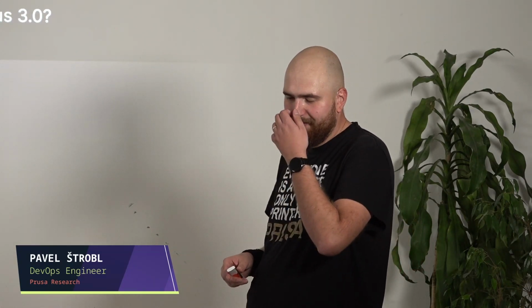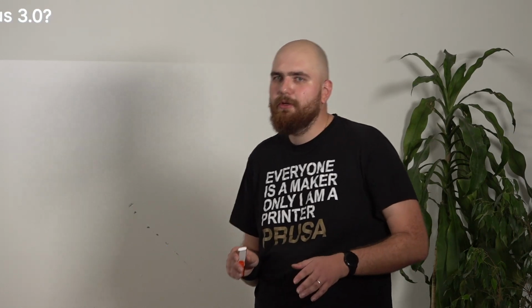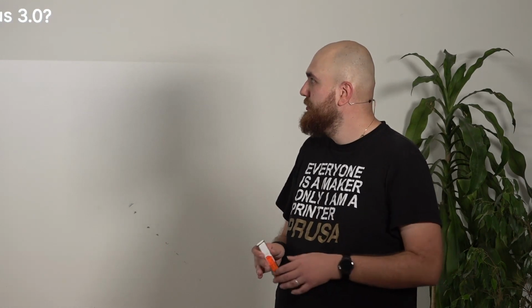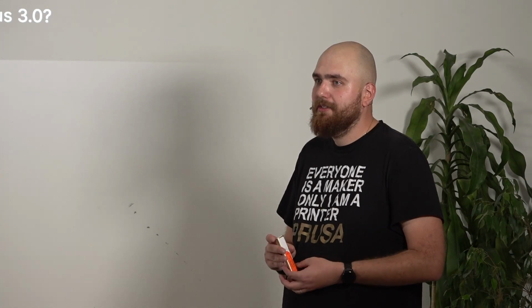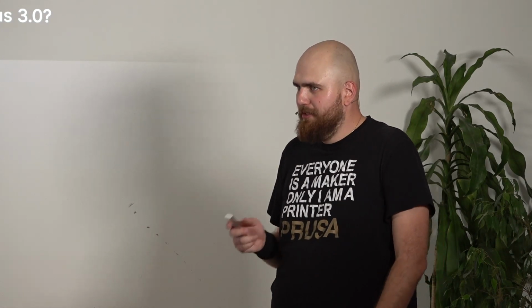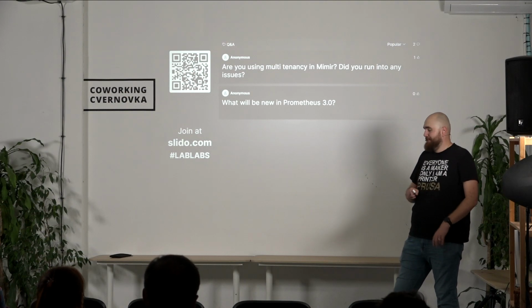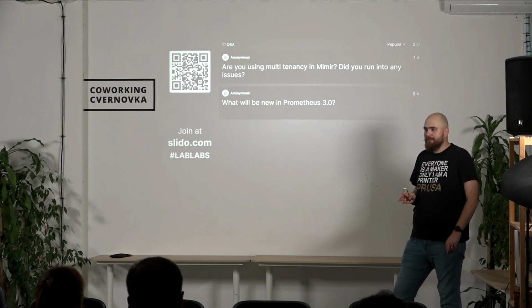Because Prometheus 2.0 was very stable, Prometheus is very stable in the versions that it's running at this moment, but developers and maintainers wanted to break things. Don't ask me what things, because there is a lot of changes. Even the beta version is a pretty big change. But mostly the remote write 2.0.